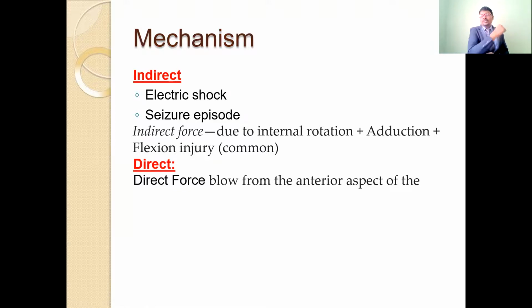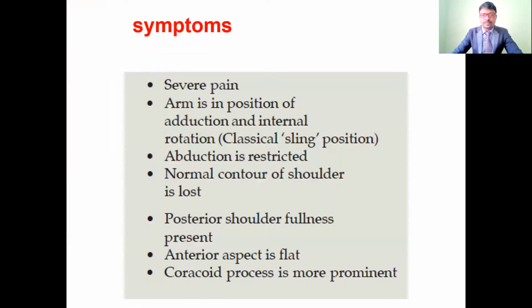In these positions, you may get a posterior dislocation. Another mechanism is a direct force, a blow from the anterior aspect. If anybody is hit or there is any blow on the anterior side, the joint is displaced posteriorly. So these are the two mechanisms for posterior dislocations.